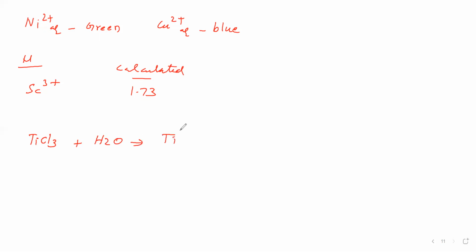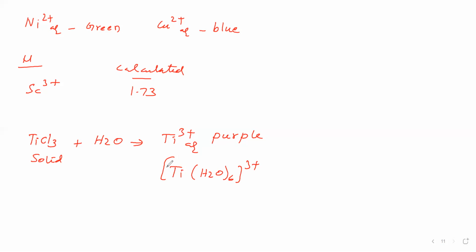Then we will get Ti3 plus aqueous. Now what is the color? Purple. Why is it so? TiCl3 solid is colorless. After dissolving in water, we are getting Ti plus 3 aqueous, which is purple because this Ti plus 3 is forming a complex with the water molecules.